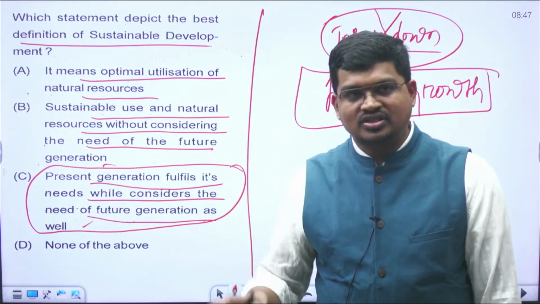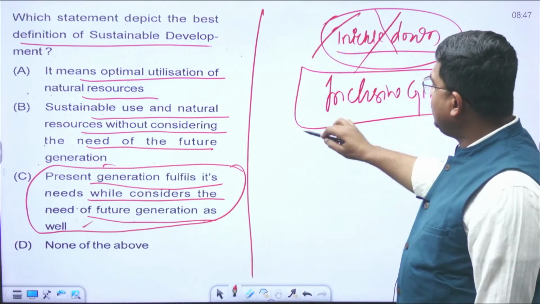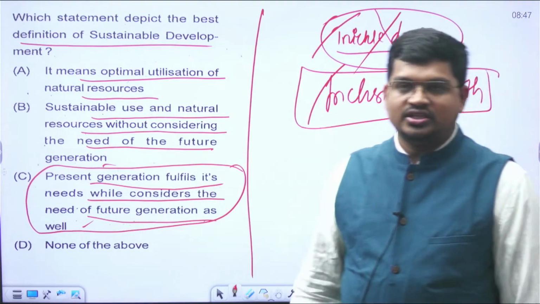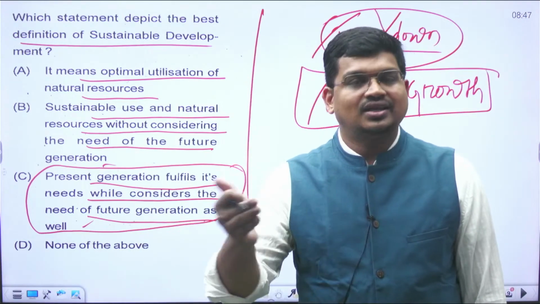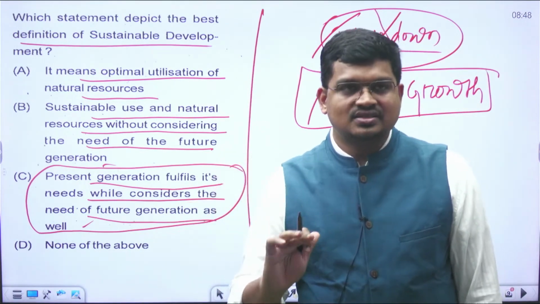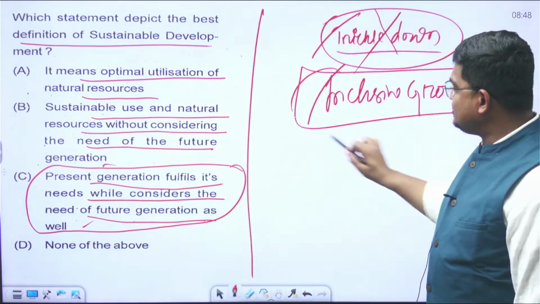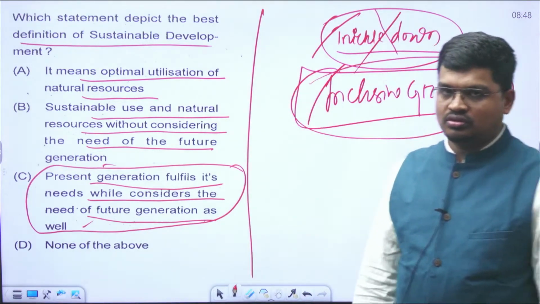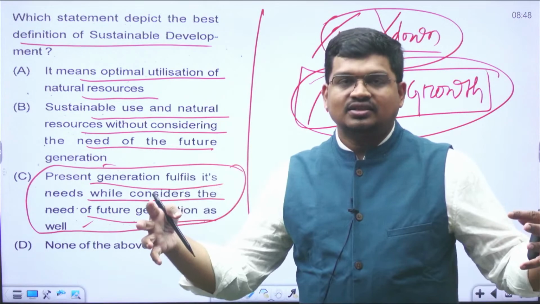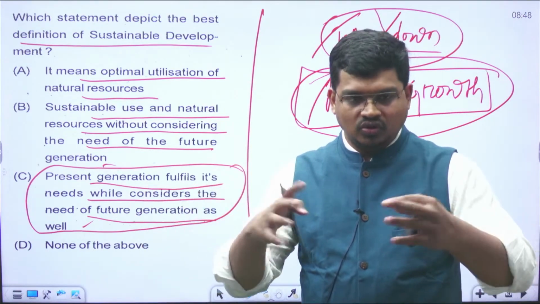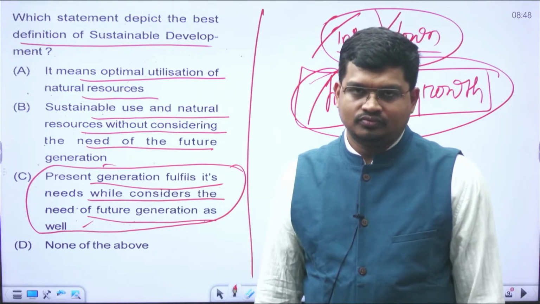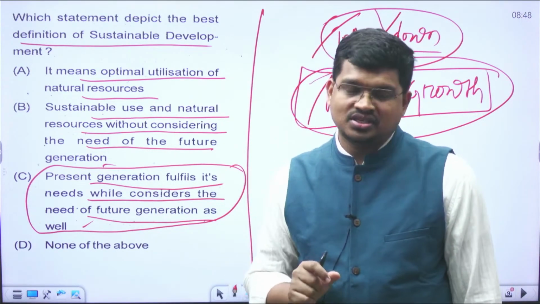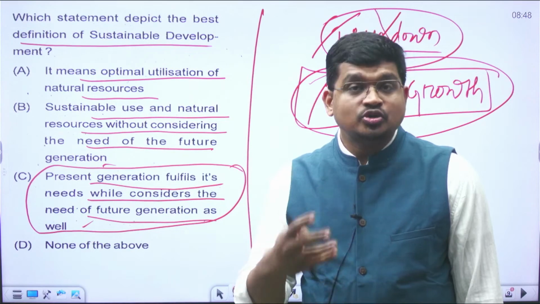This is the difference between trickle-down and inclusive growth. Since trickle-down failed to achieve the targeted objectives, the government came with this new idea, inclusive growth. That is, let's make all people part of this growth process. That is the term I emphasize: create opportunity for all.